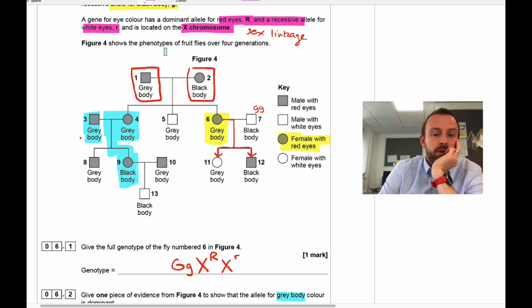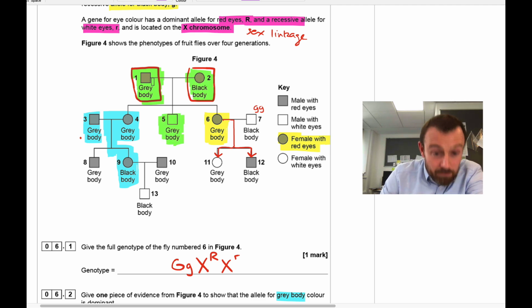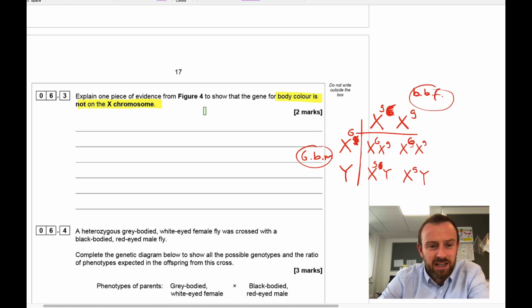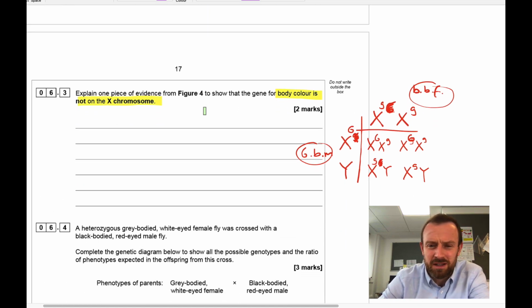Oh my gosh, that was so hard. All right, so this is the pairing that I'm looking at. Grey-bodied male and black-bodied female. If it was sex-linked, this is not possible. That would be impossible. That is a very hard question to articulate, and it's not something that you can just remember, I don't think.